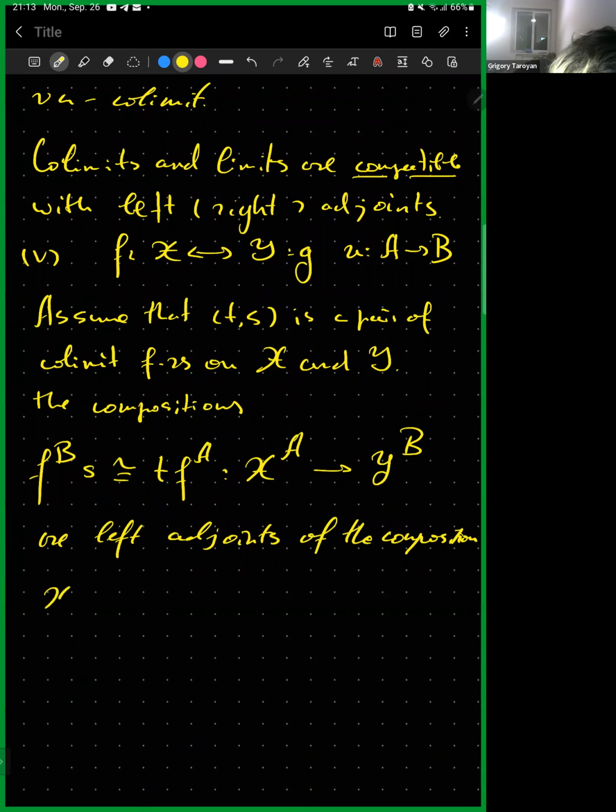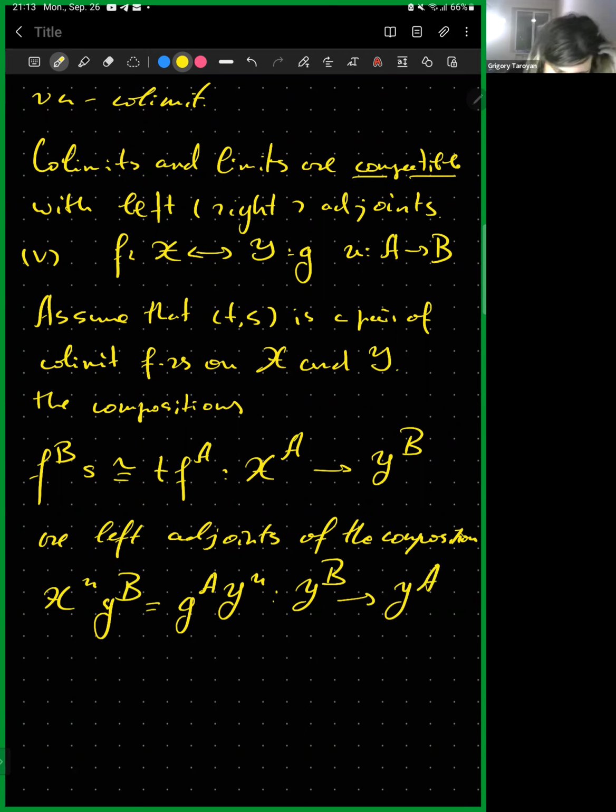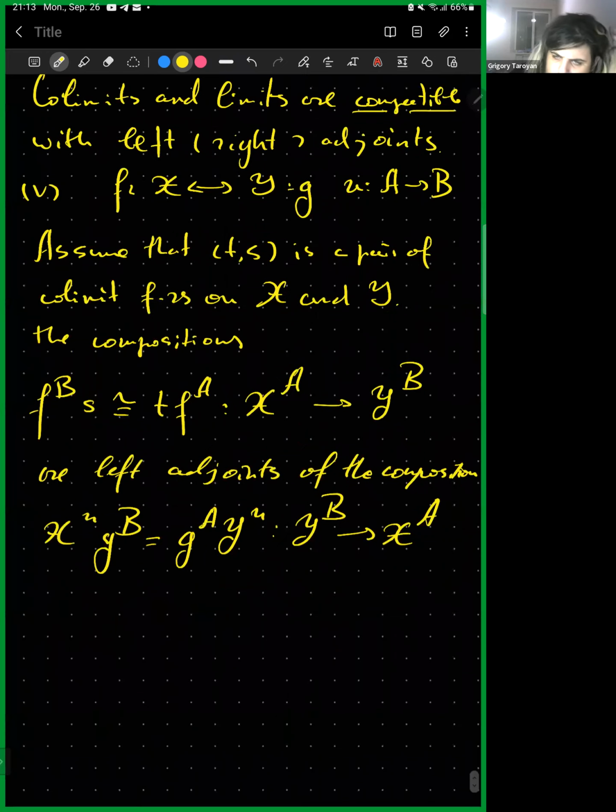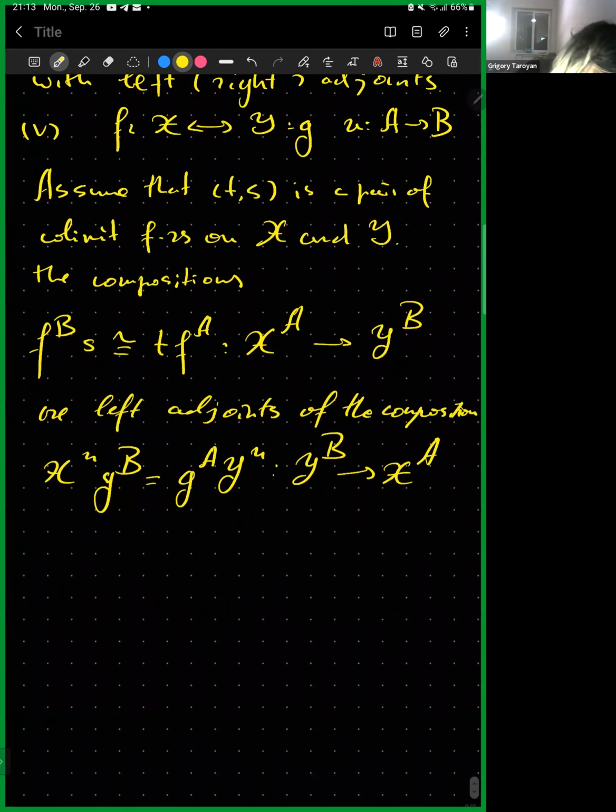So we take the induced diagram functor, we compose it with G^B, and we obtain the functor in this direction. Okay, and since they're left adjoint, it follows that they're naturally isomorphic.